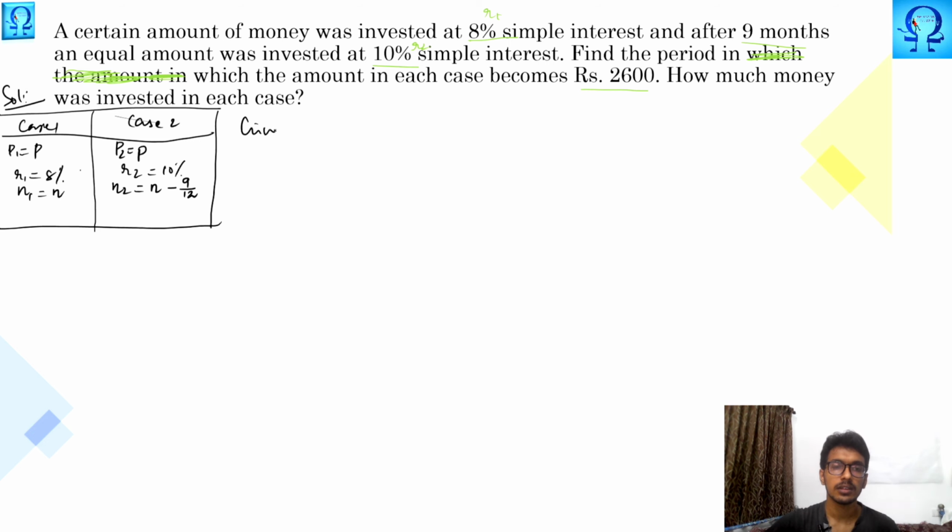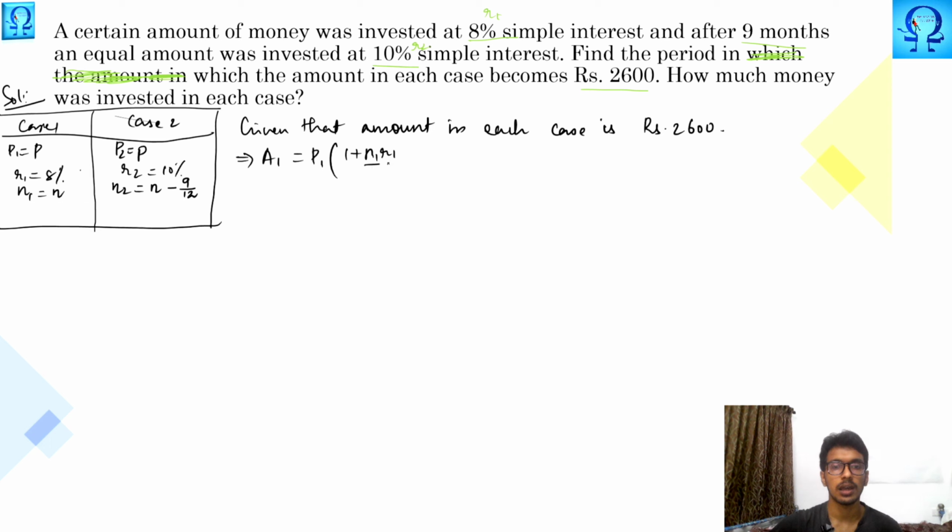It is given that the amount in each case is rupees 2600. From the first set of information we may find A1, that is P1 times of 1 plus N1 R1 upon 100, and A2 would be P2 times of 1 plus N2 R2 upon 100.